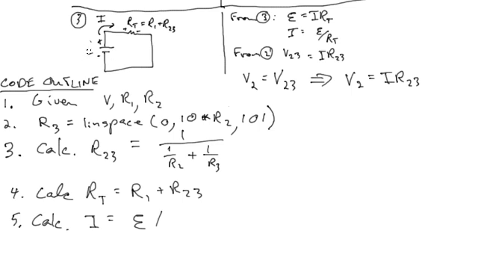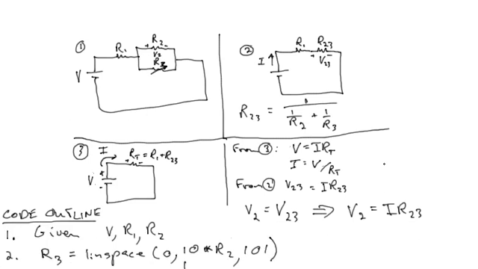This is a V, a V, and a V. So V, V, and V. Are there any other places?